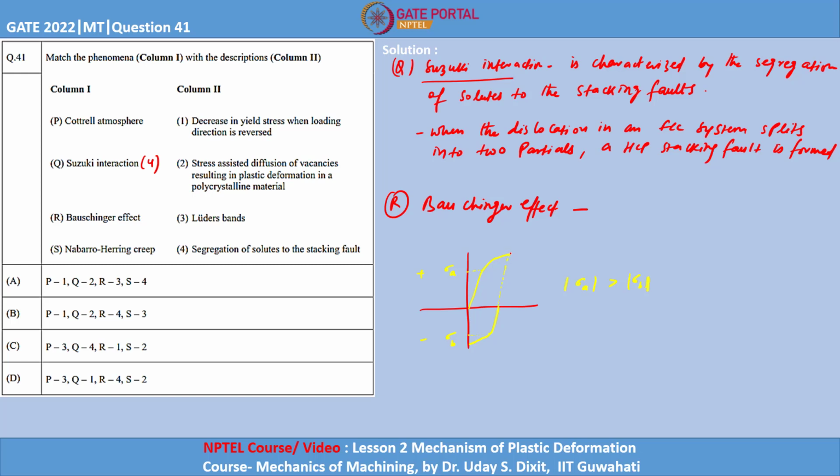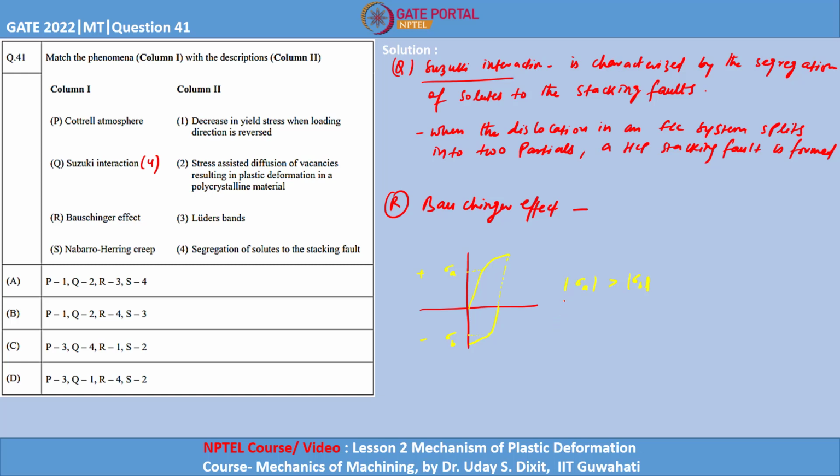Once you drop to 0 applied stress and reload in the reverse direction, this back stress will be in the direction of compression, the reverse direction of tension, and this will aid the dislocation movement when the direction of slip is reversed. So in that case the yielding will occur at a lower stress than the yielding in the earlier case, right?